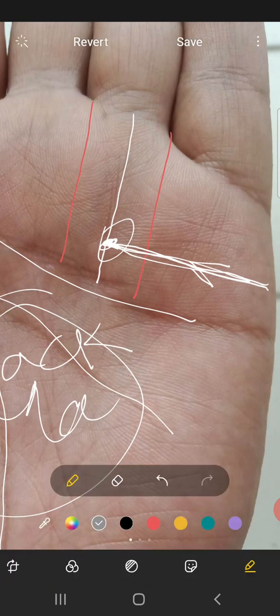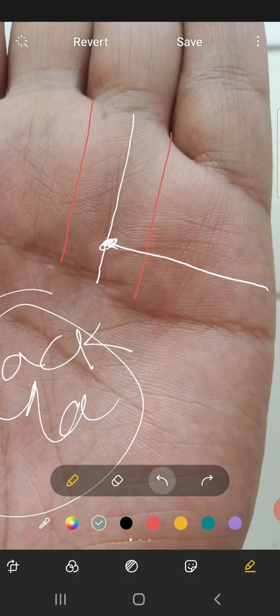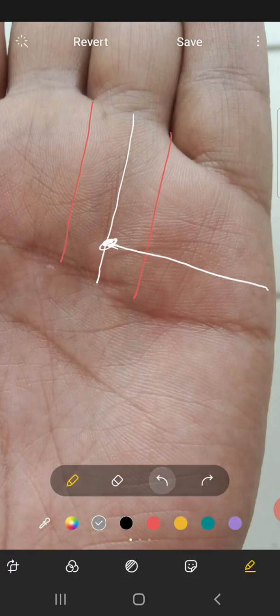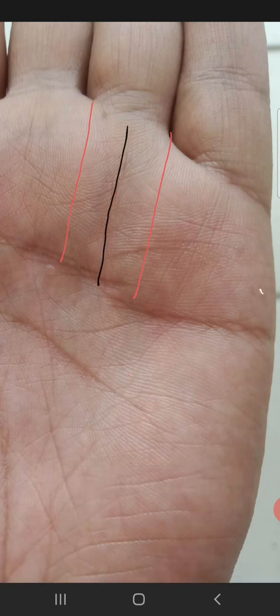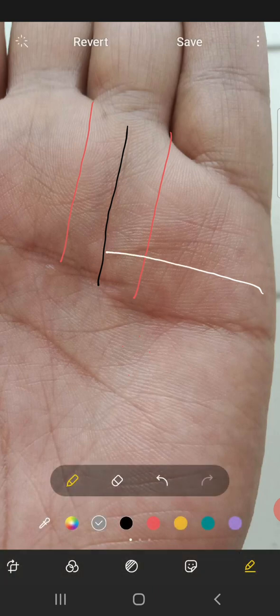So what I am trying to say here is that when there is a horizontal line, not all horizontal lines are Badha Rekha. Here I explained to you that when you have a straight Sun line like this and then a horizontal line comes and touches, this is a Raja Yoga. Now let us start going deep into this.